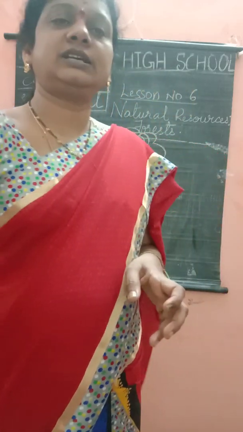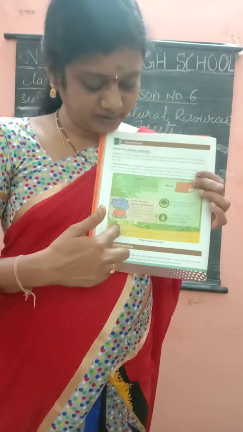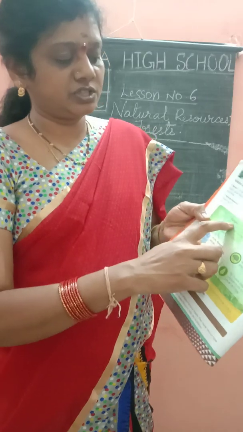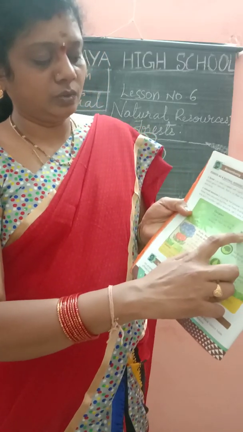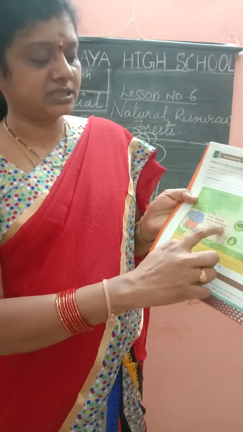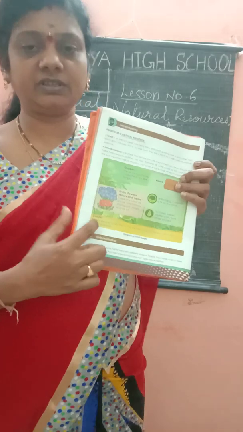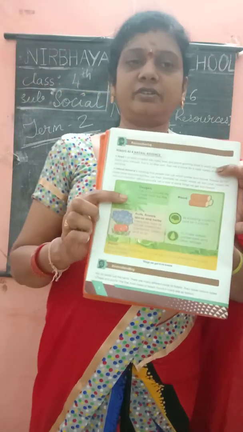Now let us look at some things we get from forests. See here children, page number 2. In this picture you see the oxygen, the wood, the fruits, flowers, spices and herbs, and the shelter. We get all these from the forest.